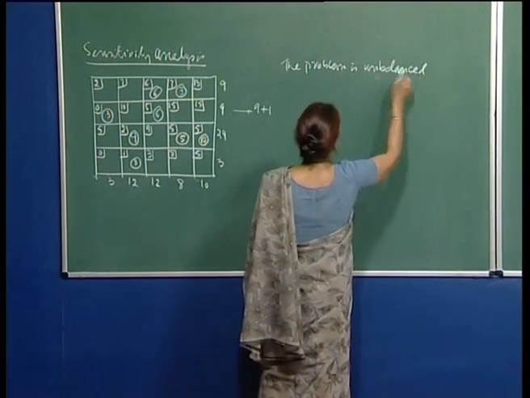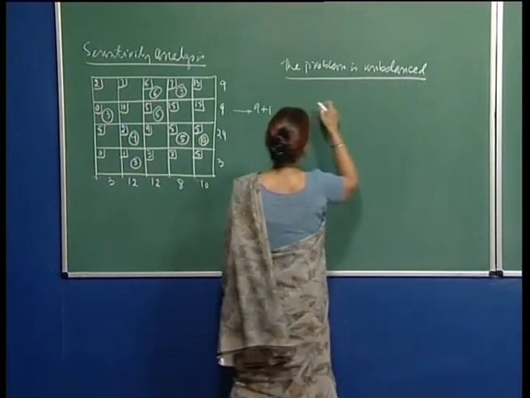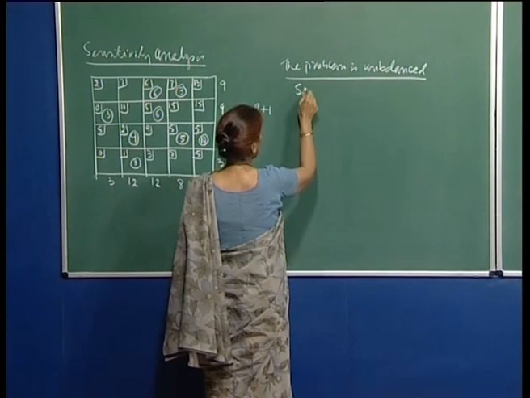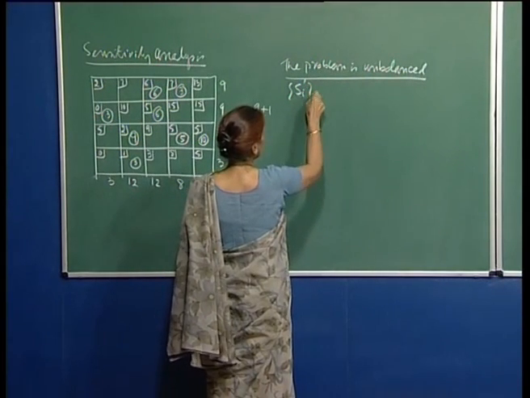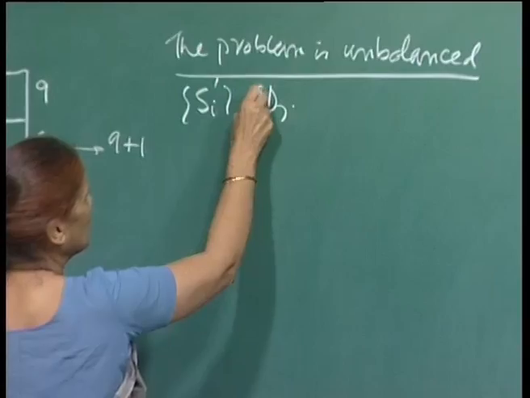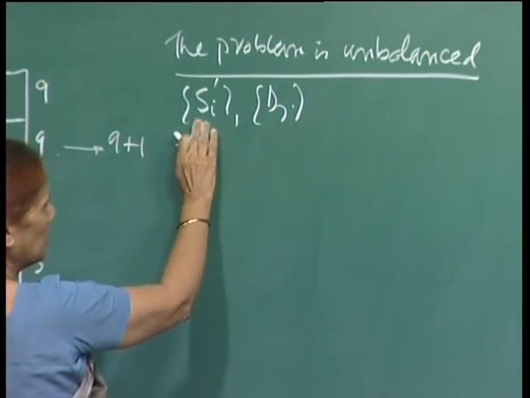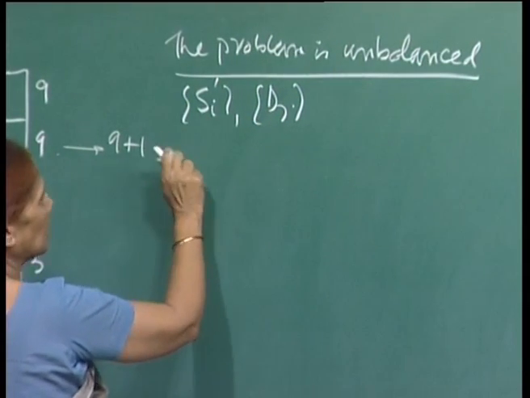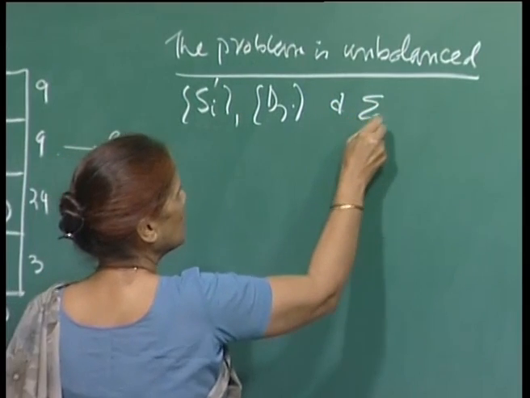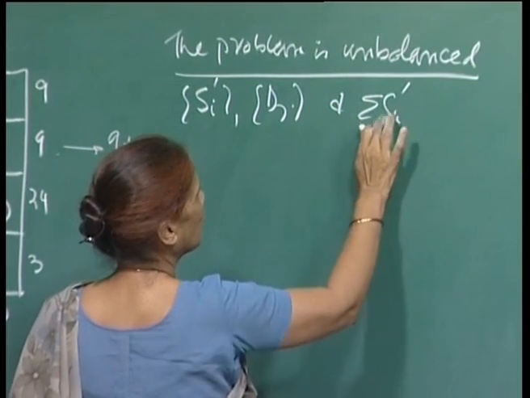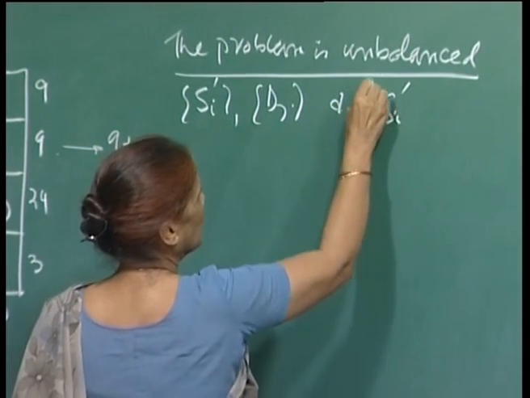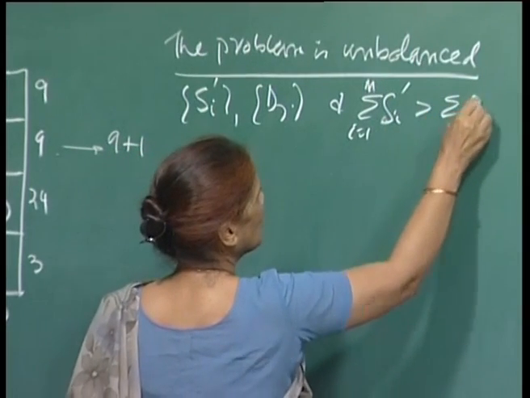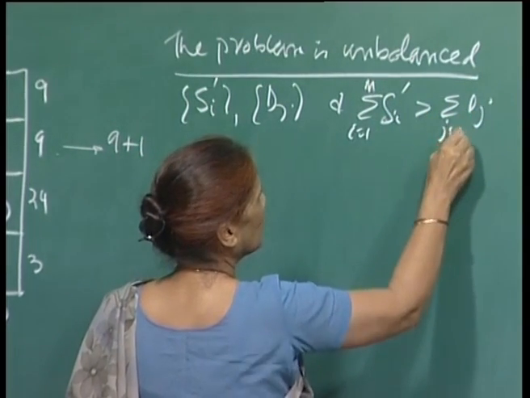Let me just quickly say that your S i primes are there, and you have the same d j's. I have not changed them, and only one of the S i's has changed, and summation S i prime, i varying from 1 to m, is strictly greater than summation d j, j varying from 1 to n.